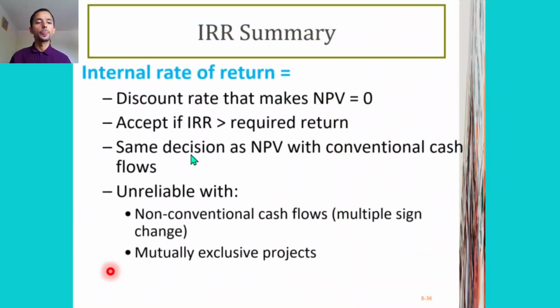And same decision as NPV generally with conventional cash flows. But if cash flows are not conventional, like multiple sign change, then IRR is not reliable, right? And IRR is not reliable with mutually exclusive projects because it does not tell you how to rank projects, which one is the best. All right.